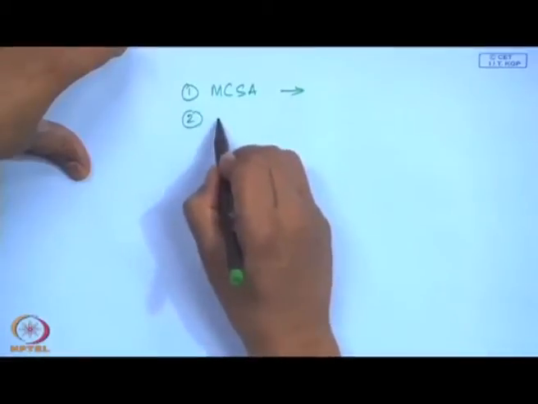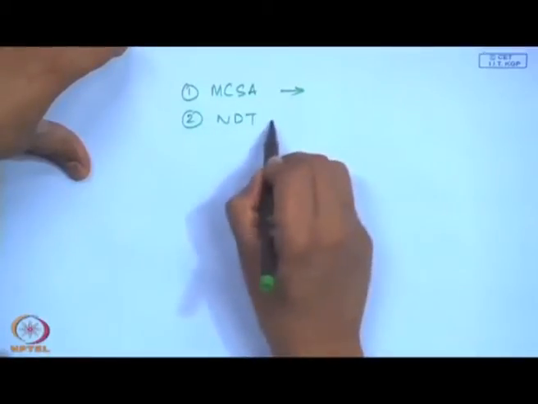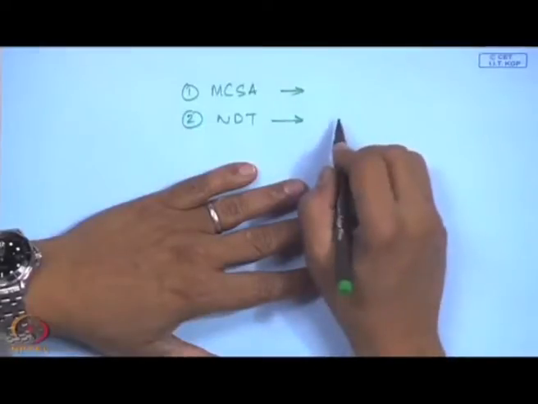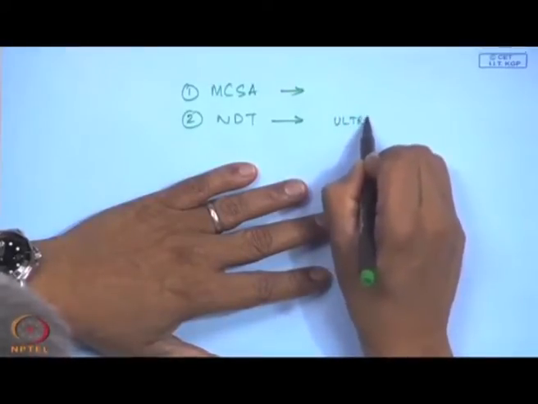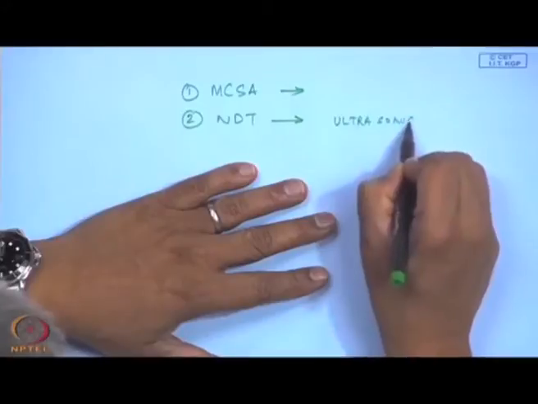Next is, we can use a lot of the NDT techniques. Of course, NDT techniques cannot be real time, but it is a good practice, particularly for gas turbines or turbines. We can do quick ultrasonic inspection.